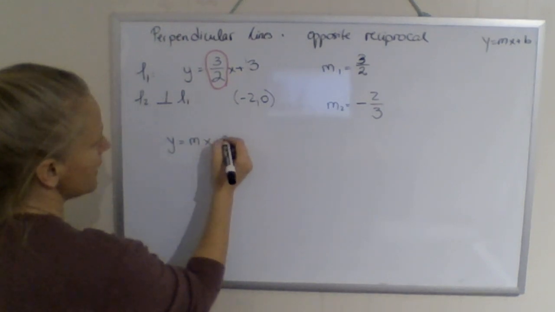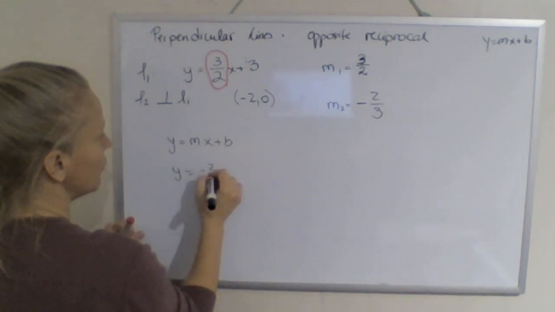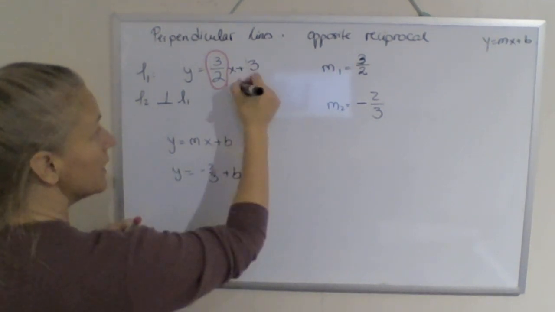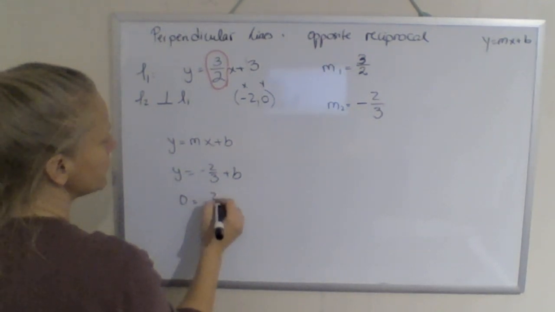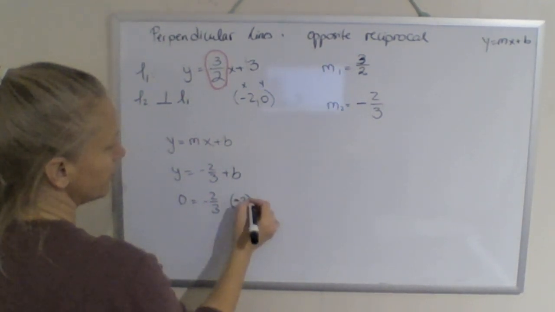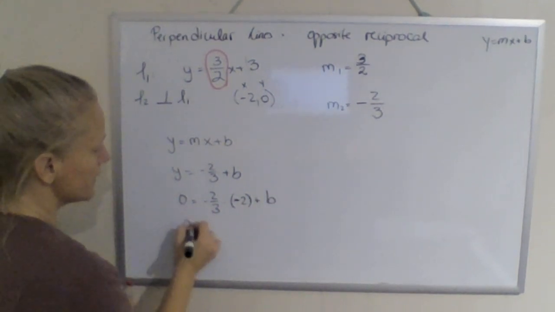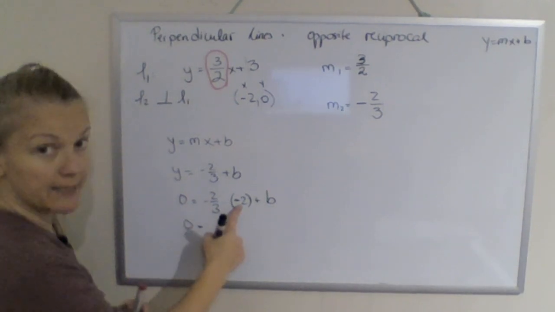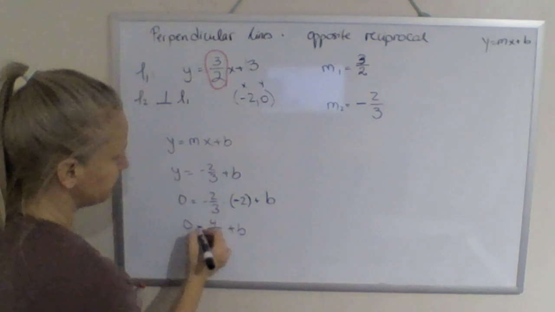y equals mx plus b. Here's my slope. Y equals -2/3x plus b. Here's my x, here's my y. 0 equals -2/3 times -2 plus b. Nothing reduces. 0 equals, a negative times a negative is a positive, 4/3 plus b.